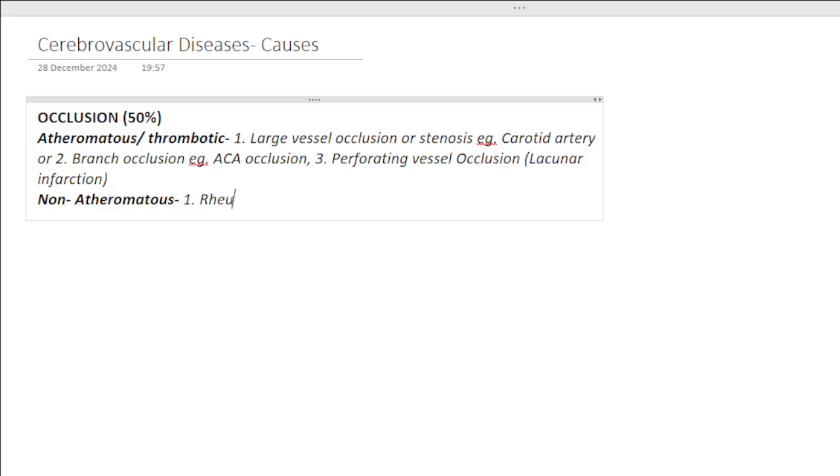Rheumatic disorders, rheumatoid arthritis. Yes, it's a multi-system disorder. Or SLE, anybody can tell me what it is? Systemic lupus erythematosus. Yes, wonderful. So these are all possibilities.